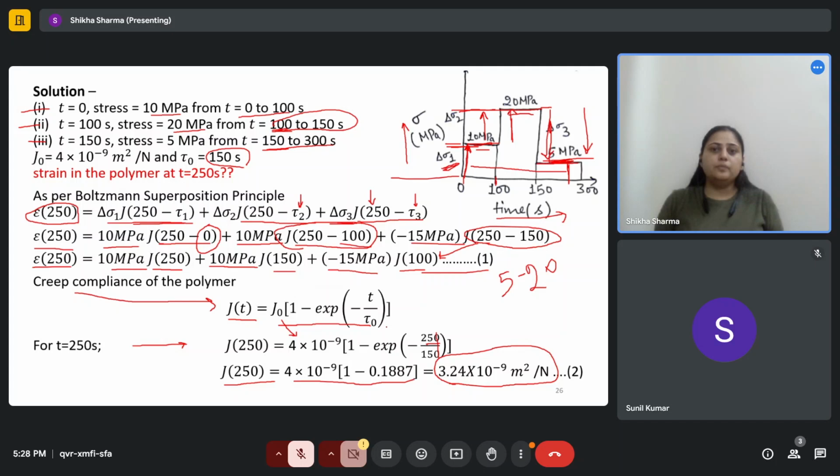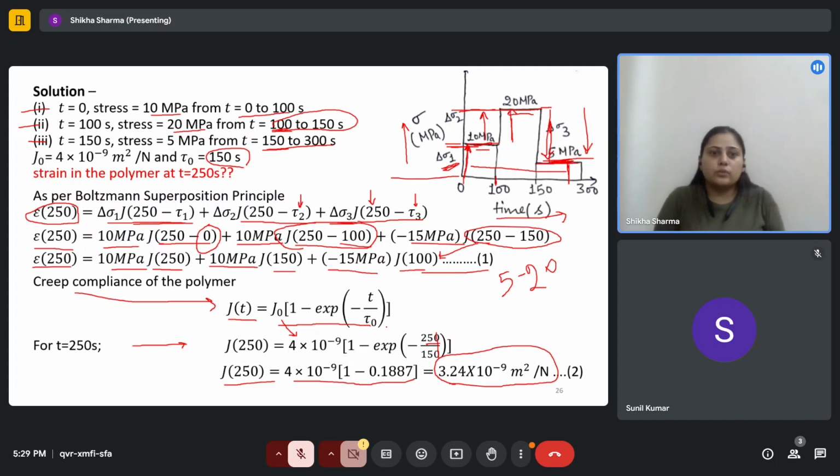Different strains develop in the material, and the strain at 250 seconds is the summation of all the strains due to the history.